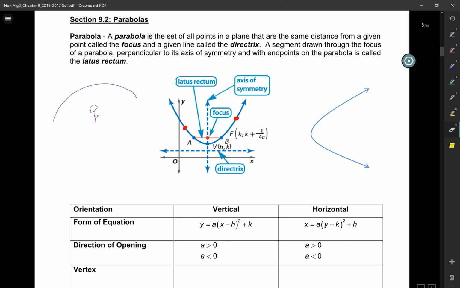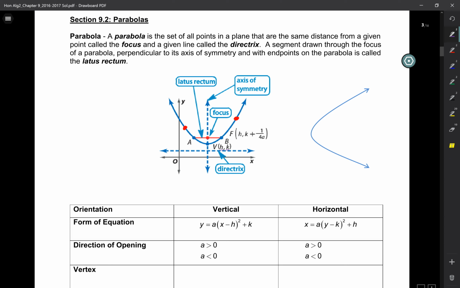So you have your vertex, and the vertex always has the letters H and K. The vertex is always given as (h, k). Now, how do you go from the vertex to the focus? You add some points vertically, right? So what are the coordinates of the focus?